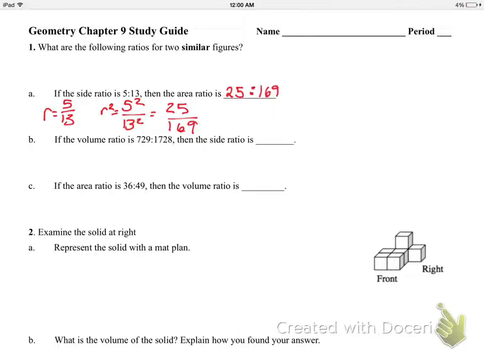Part B, if the volume ratio is 729 to 1728, that means our R cubed is 729 over 1728. The R then would need to be the cubed root of each of those.